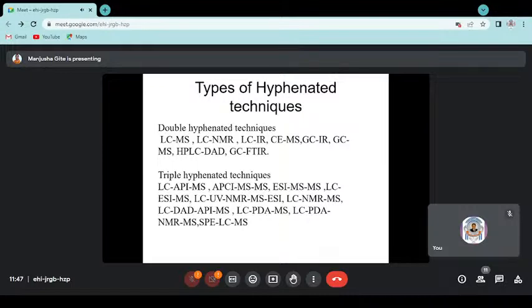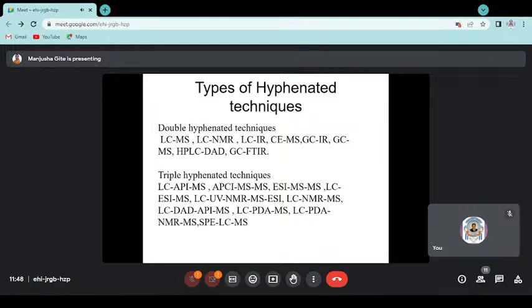And then triple hyphenated techniques mean a combination of three techniques. Like LC-API-MS, then APCI-MS/MS, then ESI-MS/MS, then LC-ESI-MS/MS, LC-UV-NMR.